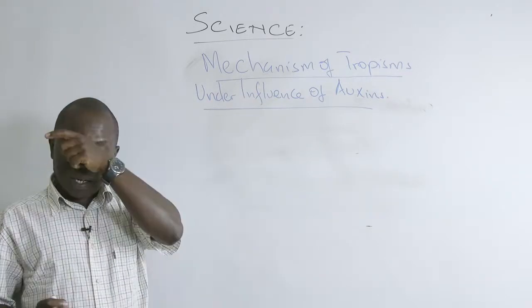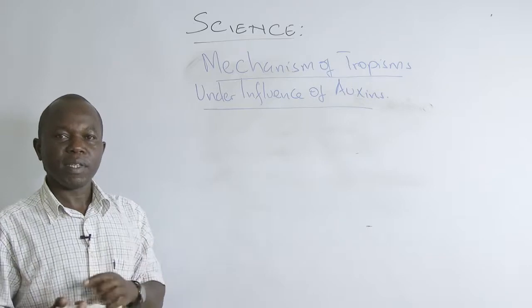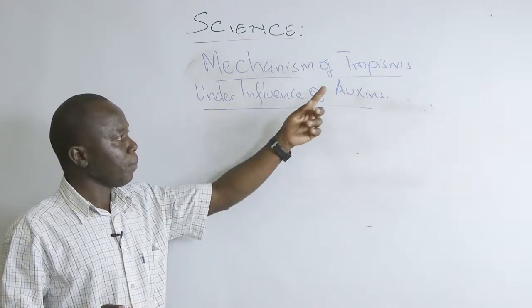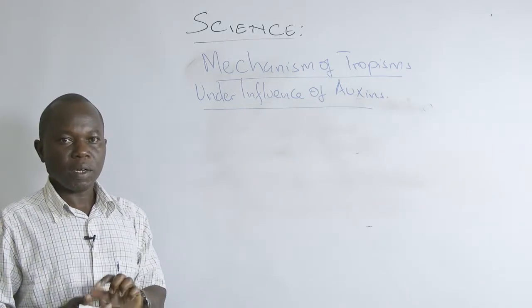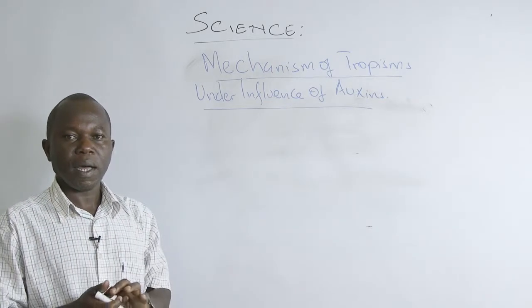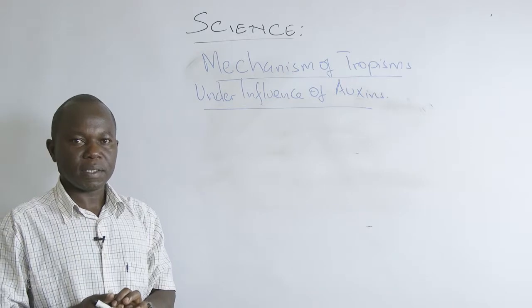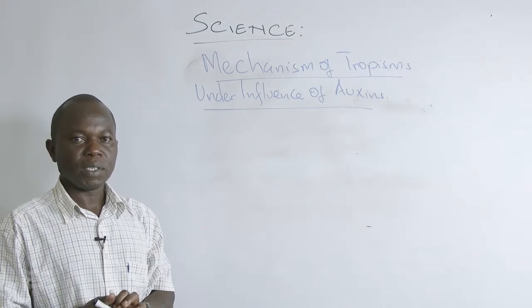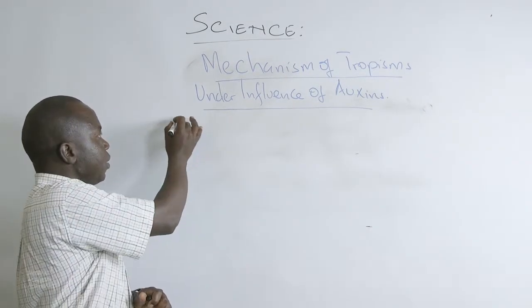So we want to look at how auxins can influence some of the tropic movements. In this case, we want to look at just one, and then we can apply to the rest. Now, we shall use geotropism.